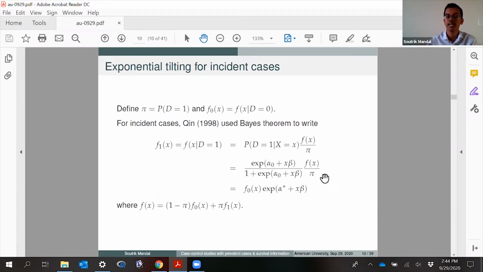And then we have some adjustment terms. So after some algebraic calculations, we can write this in terms of the exposure distribution for controls. And the remaining term is an exponential term, which is why this is called exponential tilting for incident cases. So you can basically tilt the exposure distribution for controls to get the exposure distribution for incident cases. And so this is for incident cases.